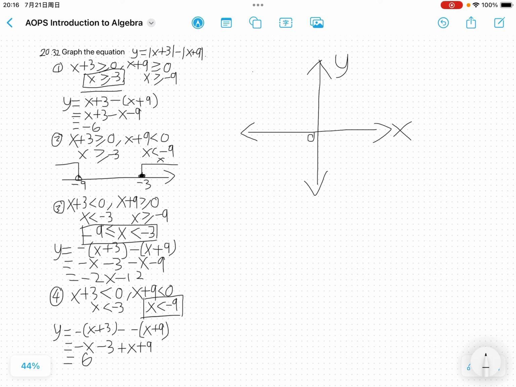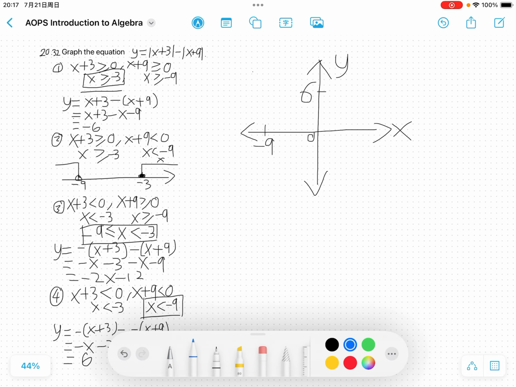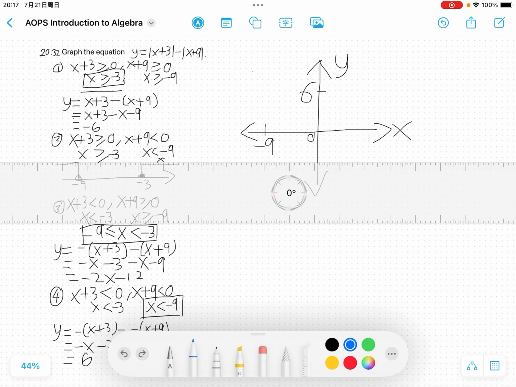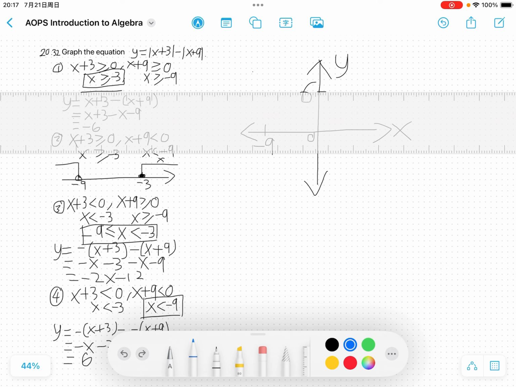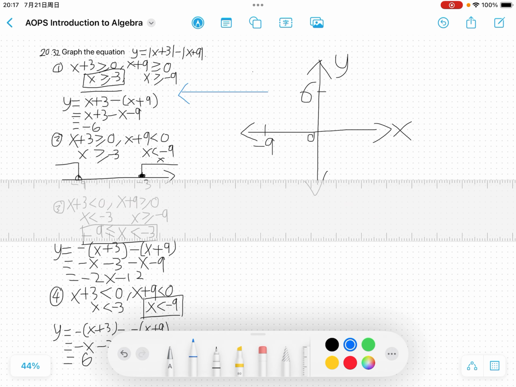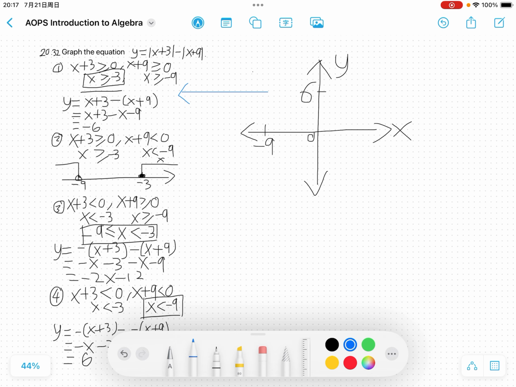When x is less than negative 9, we have the line y equals 6. Let's find negative 9 on the x-axis and 6 on the y-axis, and we can graph the line, with an arrow indicating that it continues on forever.